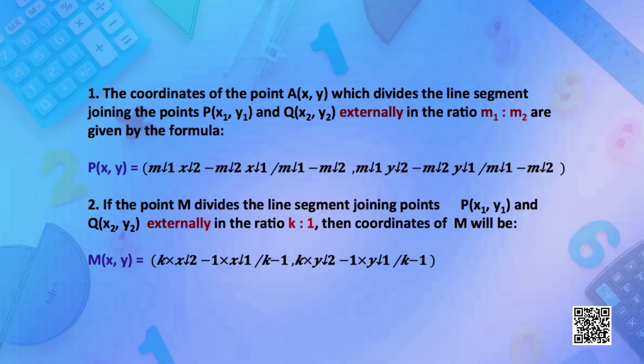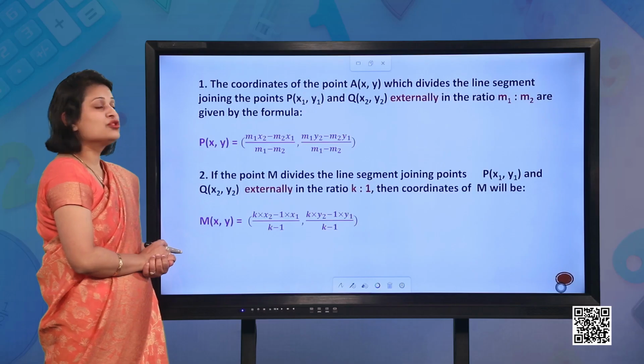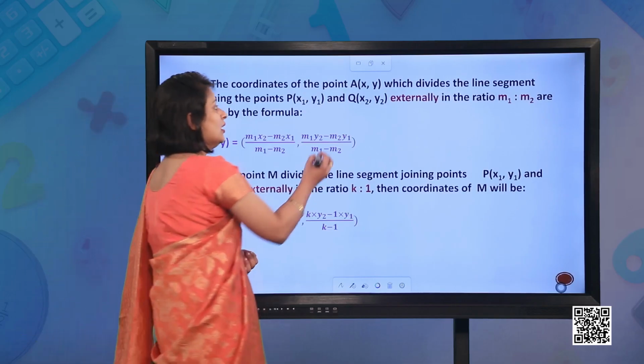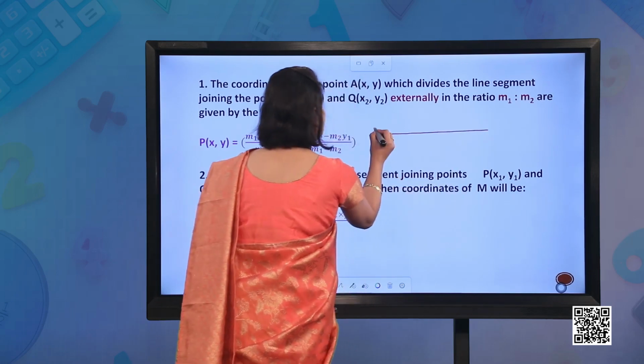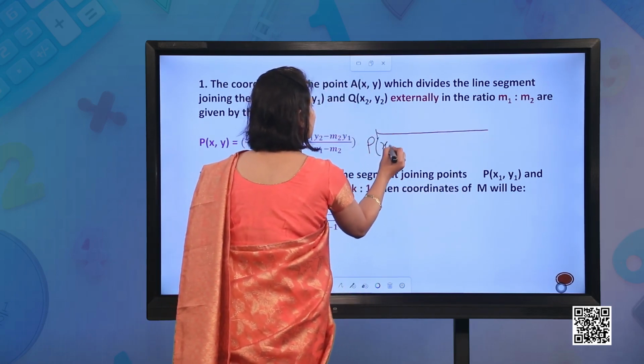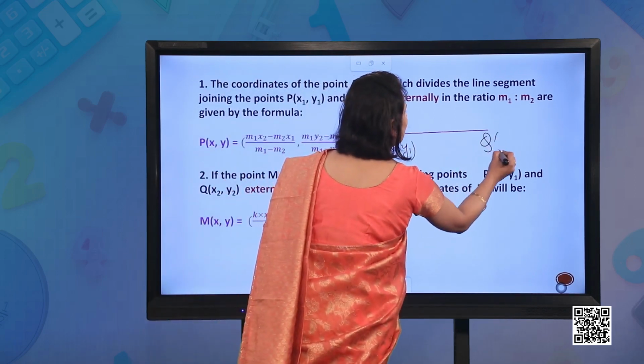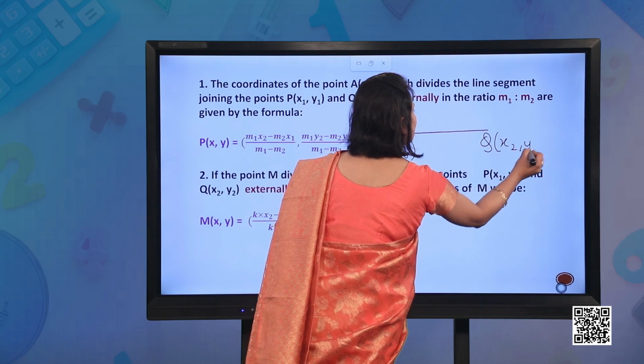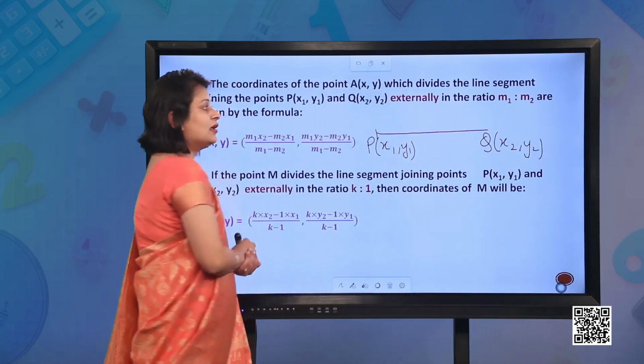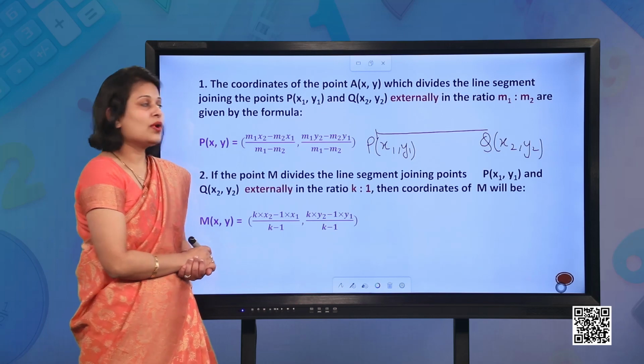Now, what will happen if we change the ratio m is to n to m1 is to m2? Means the coordinates of the point A, x, y, which divides the line segment joining the points P, x1, y1 and Q, x2, y2 externally in the ratio m1 is to m2.